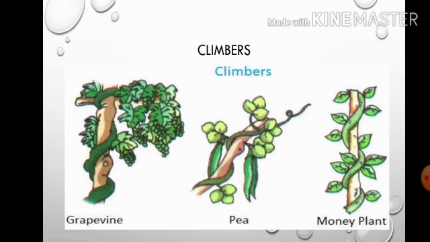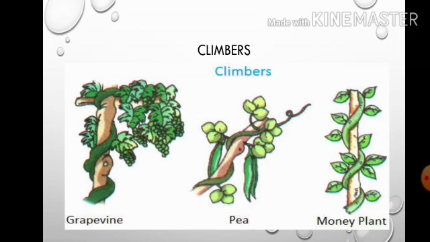Then finally, climbers. Climbers are the same as creepers. Climbers also have very thin and weak stems and leaves. They cannot stand upright. They can't stand straight. They are called climbers.